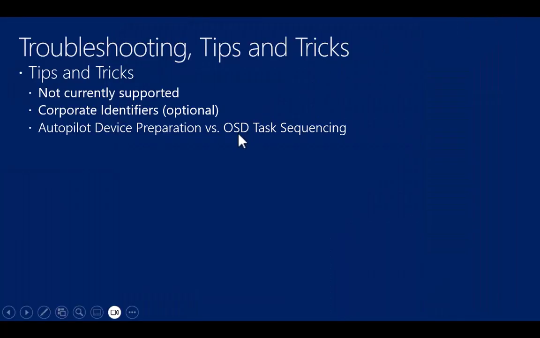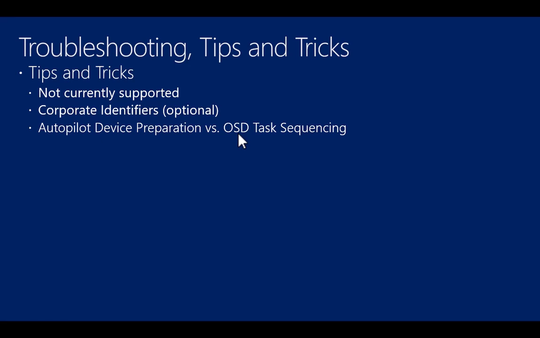So in terms of tips and tricks, right, there are some things not currently supported. I mentioned the rename is not supported. I don't know if we will do a rename thing in Autopilot Device Prep because, as I mentioned, you can do that for an Entra ID joined device through a configuration profile. There are some other things not supported like self-deploying mode and pre-provisioning.